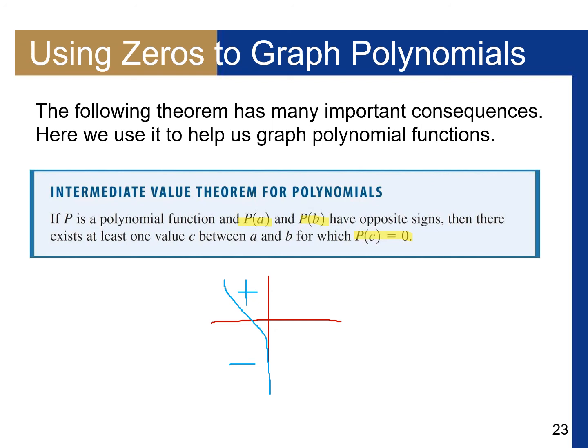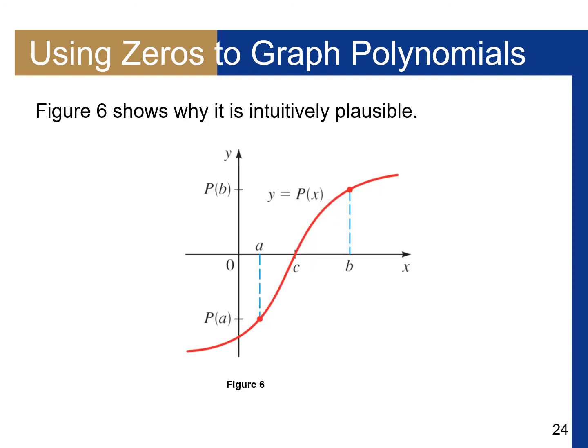So that tells me that it has to cross the x-axis somewhere. That is all this intermediate value theorem means for polynomials. So here again, an example. Here I have negative values. Here I have positive values. So it has to cross the x-axis and give me a 0 value somewhere.